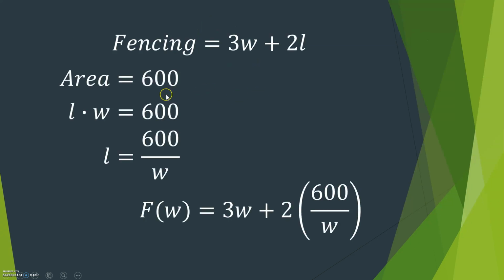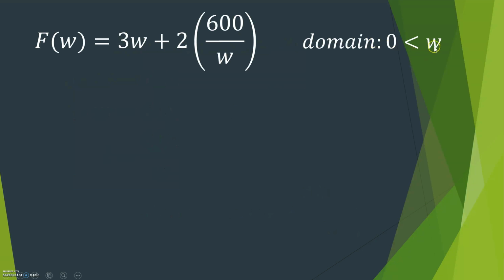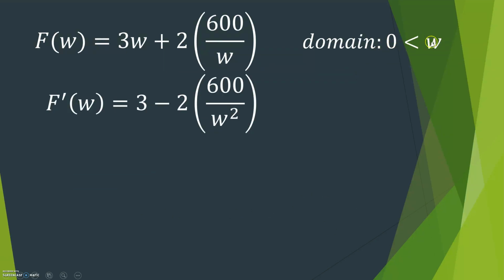The constraint we were given was that the area was 600. Can the width be 1,000,000 meters long? Sure, the length is going to be 0.00 something, but I suppose we could make that. I'm pretty sure it's not the answer though. So our domain is simply that the width of the fence has to be greater than 0.